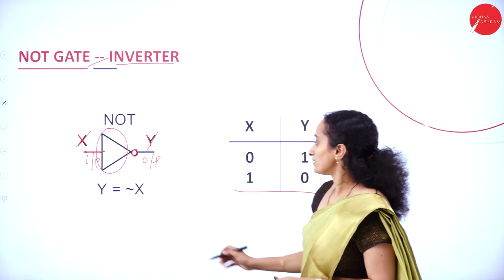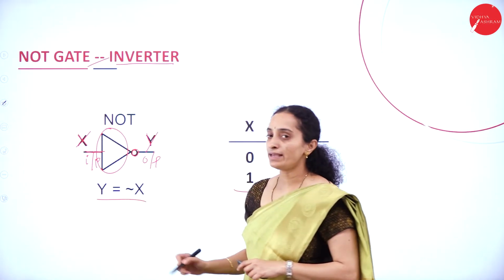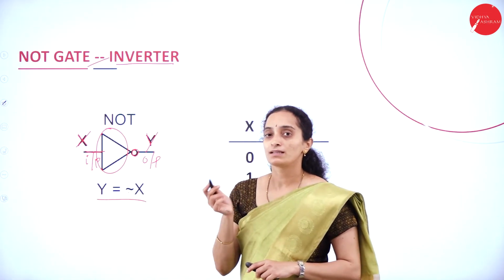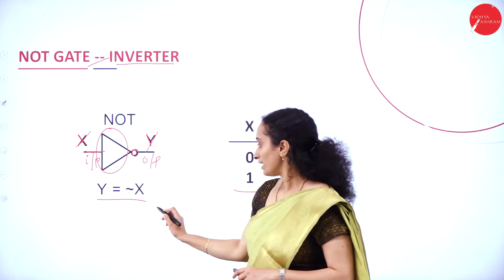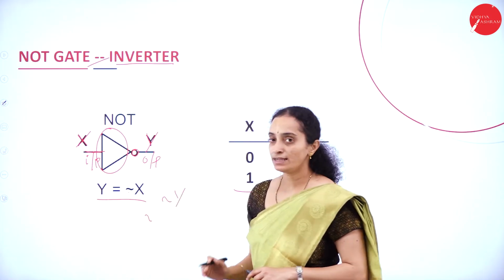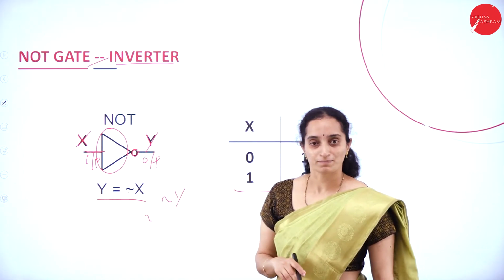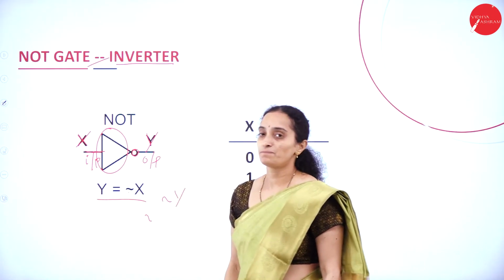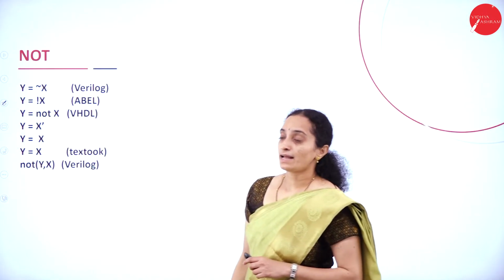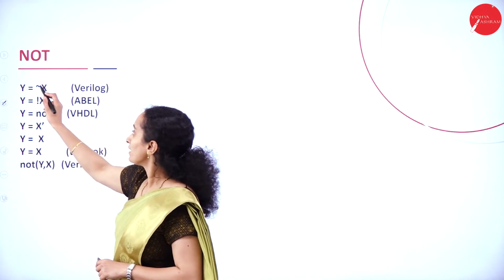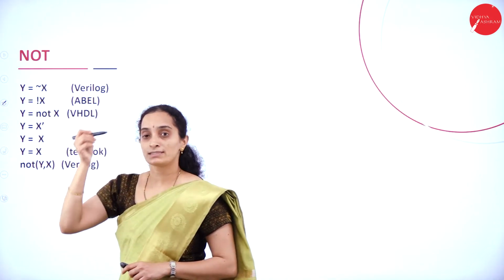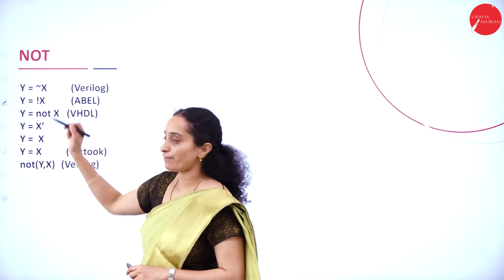This can be represented as y equals tilde of x. Tilde represents the complement value. If you give tilde of y, it will be the complement of y. So this is the NOT gate. The NOT gate can be represented like this: y equals tilde of x or y equals exclamation mark of x.